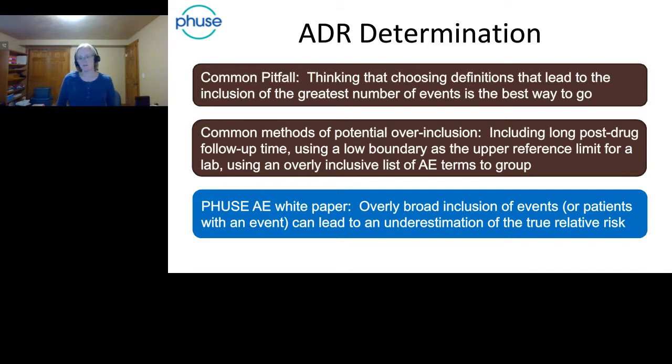This is not well understood when people are planning analyses. The key part of ADR decision making is a lot about the imbalance with placebo, and being conservative from a total count perspective might actually not be conservative at all from a relative risk or risk difference perspective. So that's a very important concept to know, that over-inclusion might actually not be helping you find your ADRs.